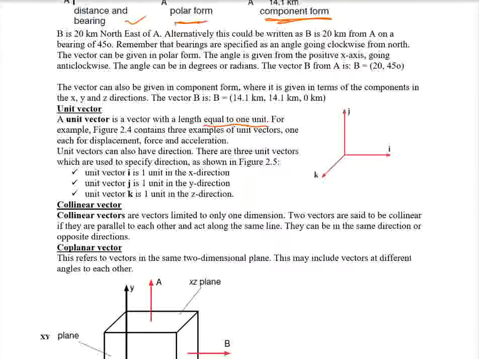Therefore, we have three unit vectors, i, j, and k. i has a unit of 1, and the direction is in the X, and j is a unit of 1, and its direction is in Y. And k, its unit is 1, and its direction is Z. Therefore, i is in the X axis, and j is in the Y, and k is in the Z direction. And they have a unit of 1.